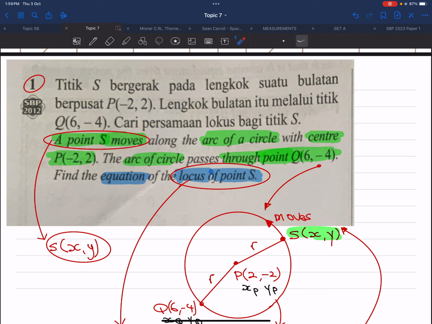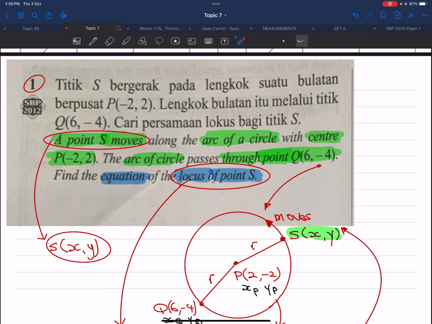A point S moves. Now this moving point S, its coordinate, we must label X and Y. And it moves along the arc of a circle.